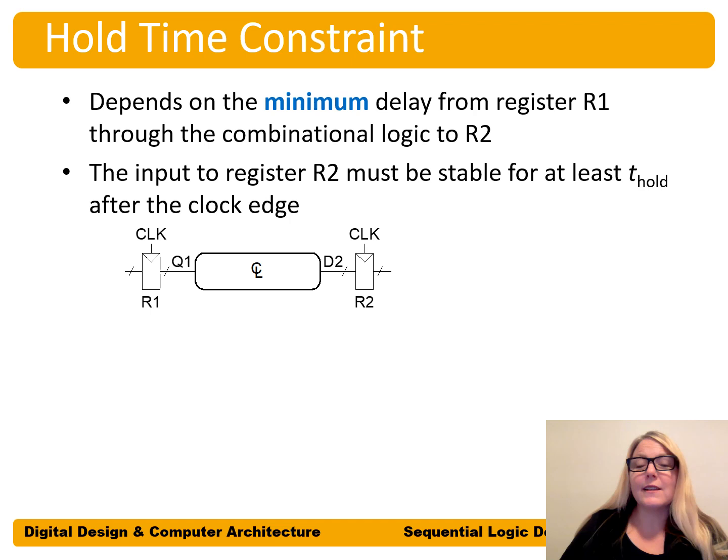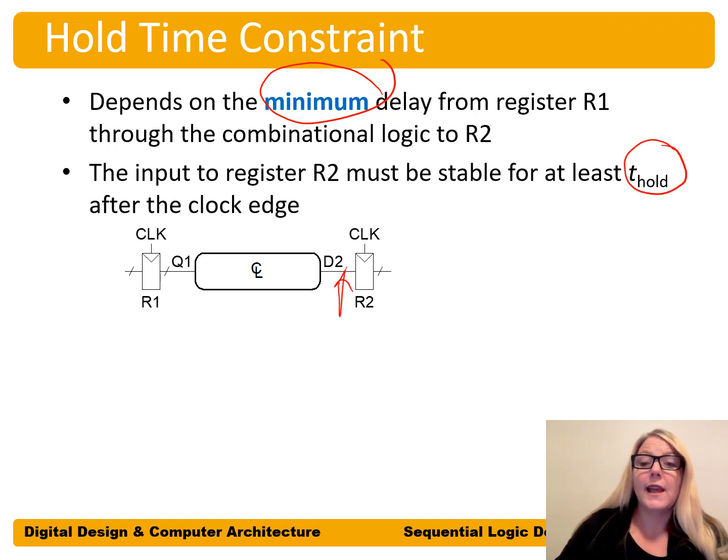Now let's talk about the second constraint that we need to consider when we're doing our timing analysis, when we're figuring out if our circuit works reliably. This is called the hold time constraint. So the hold time constraint depends on the minimum delay from register 1 through the combinational logic to register 2. So the register 2 signal here, D2, has to be stable for at least a T hold after the clock edge. So in this case, we're looking at the same clock edge for R1 and R2.